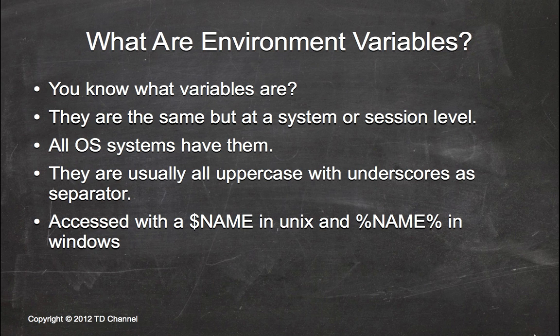They are usually all uppercase with underscores being used as separators. And the last thing, I guess, that is really important is that in most Unix environments, they're accessed with a $ sign in front of the name. And in Windows, you have to use percentage signs, one at the front and one at the end, so that Windows can interpret that as an environment variable.